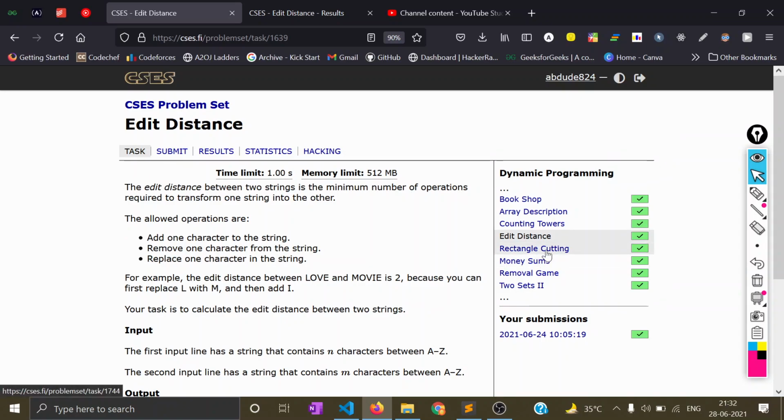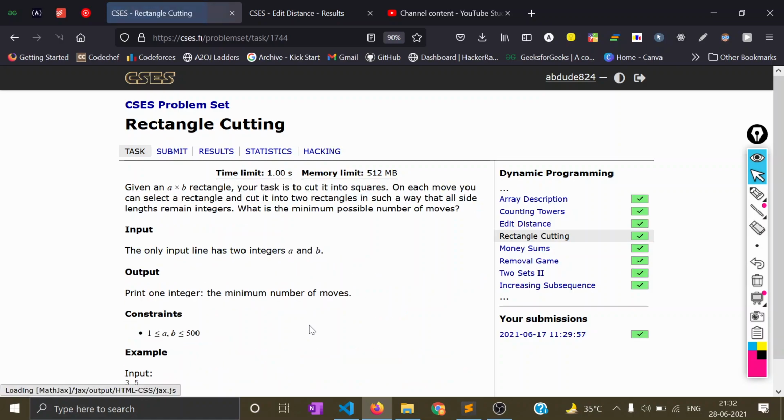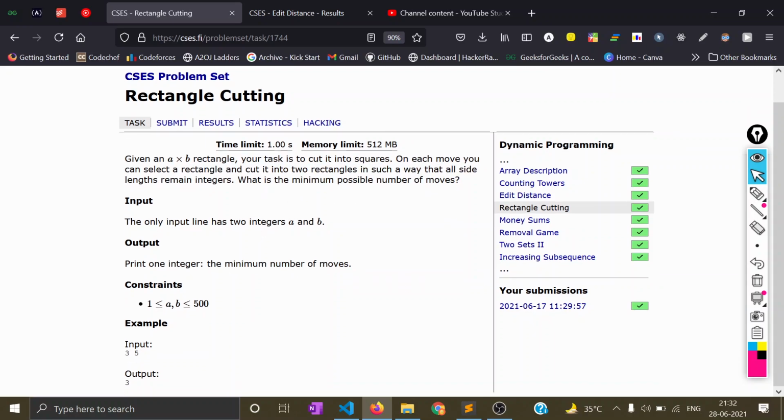So let's have a little spoiler of rectangle fitting. Okay, so this is a bit tricky problem. Actually, edit distance was medium, and this is somewhat hard.